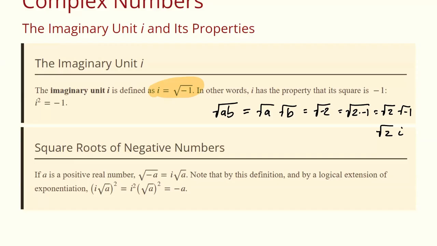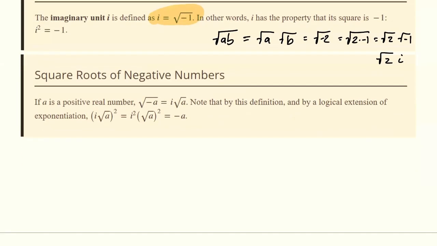Now, another thing to note. Notice this second one here. Can anybody tell me i squared is always what? Negative 1. Exactly. i squared will always go to -1. It should make sense if we think of it this way. If I gave you the square root of -1, how would you remove the square root? What's the inverse of a square root? Power of 2.